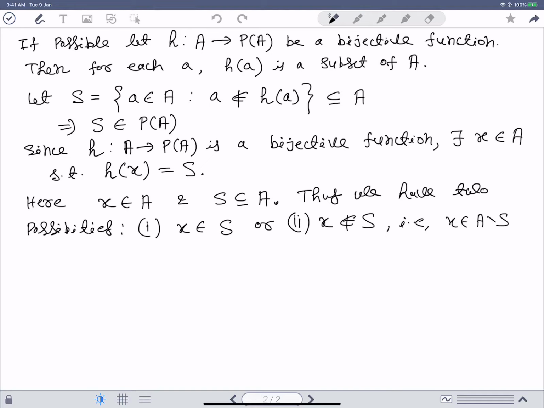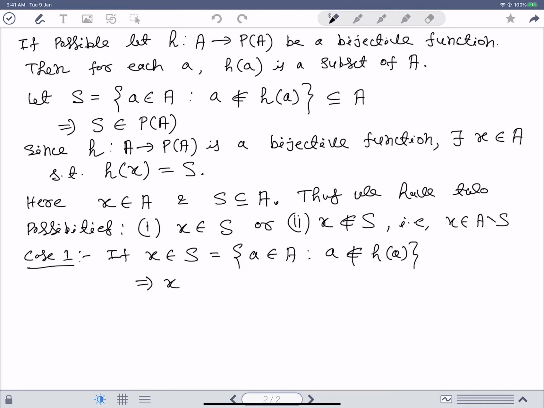Now we can look at the first possibility, that is case 1. If x belongs to S, now what is my S? S is the collection of all the elements a of A such that a does not belong to h(a). That means x does not belong to h(x), right? Why?